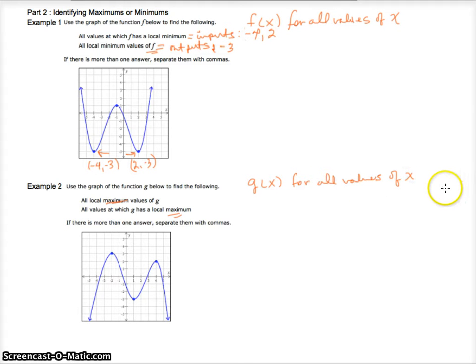Okay, so for all values of x, well, g of x is going to be my output. All values of x are going to be my input. So anytime g has a value, x is going to be my input.